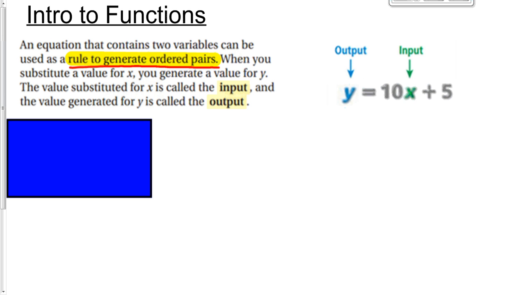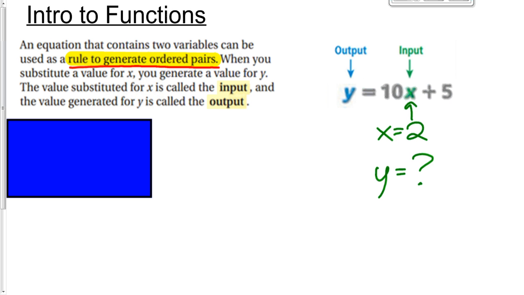But here's an example of a function, y equals 10x plus 5. So for instance, x is the input, and let's say I wanted to figure out what y is when x is 2. Well, if I want to figure out what y is when x equals 2, then I'm going to input 2 for x.